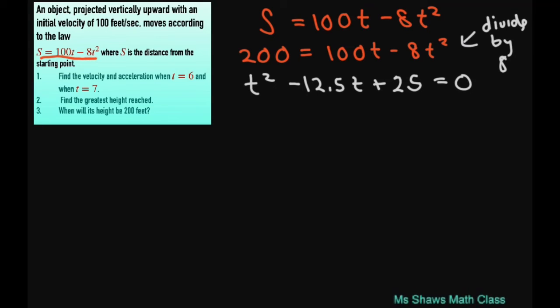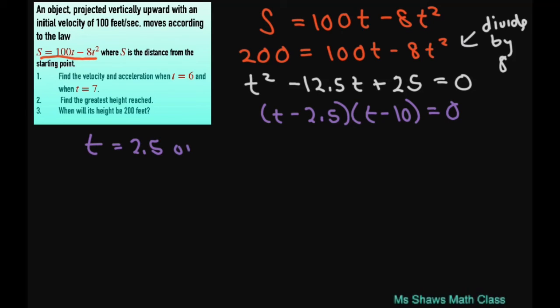All right, now factoring, we're going to get t minus 2.5 times t minus 10 equals 0. So we have t equals 2.5 or t equals 10.